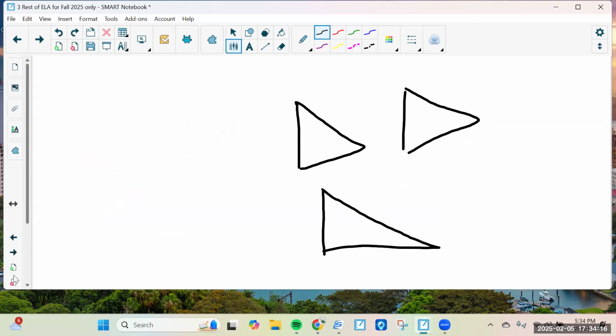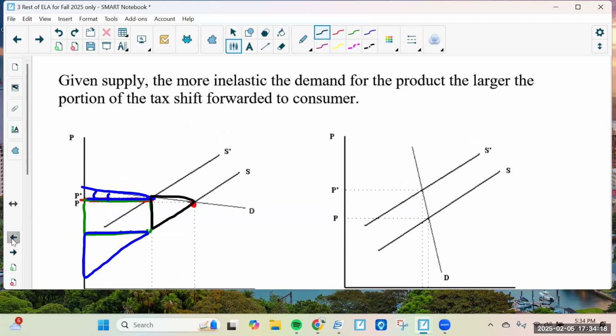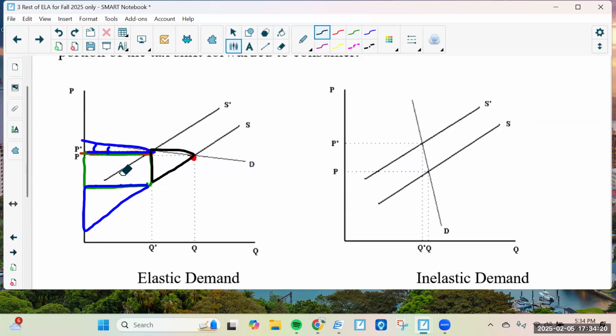There's no guarantee that they're going to be this nice, pretty triangle like we normally see. So the tax is this whole area here. That included the consumer part, which I basically blanked out right here, and then the producer part. Consumer surplus is this little area up here, and the producer surplus is this area down here, and then you've got your good friend deadweight loss.